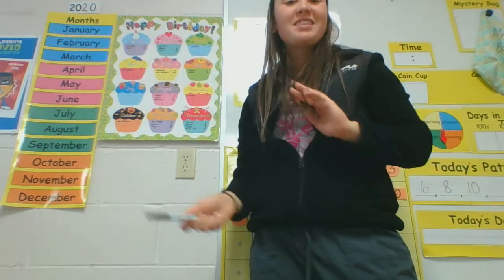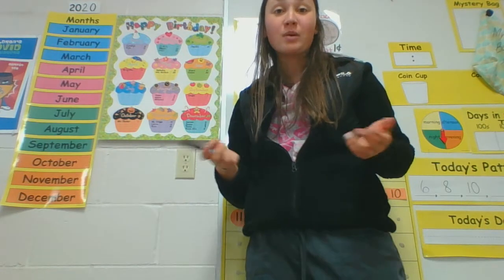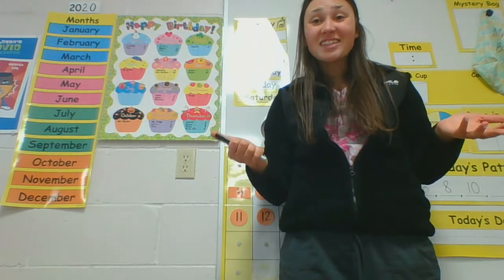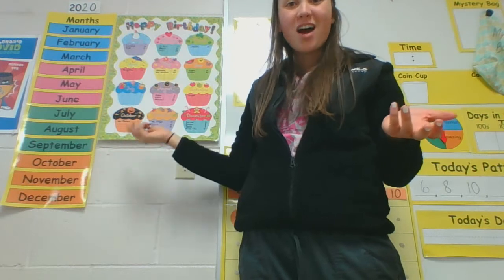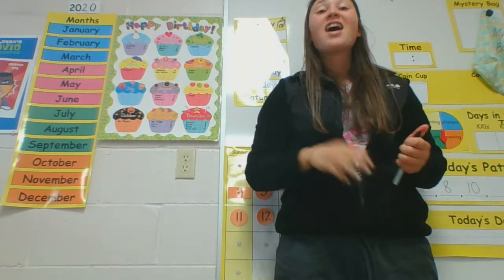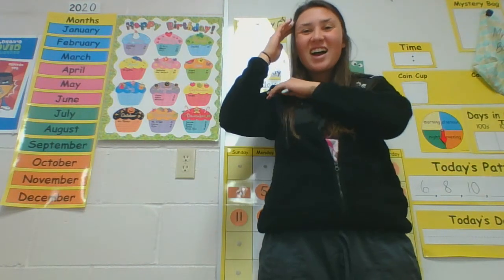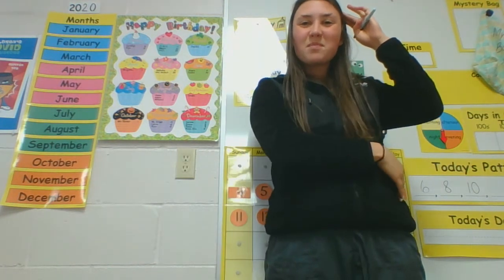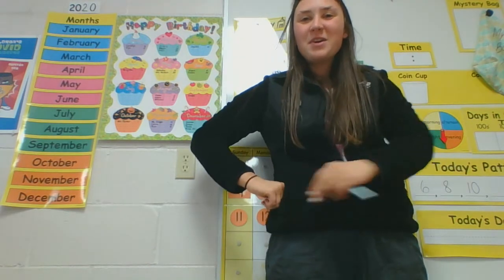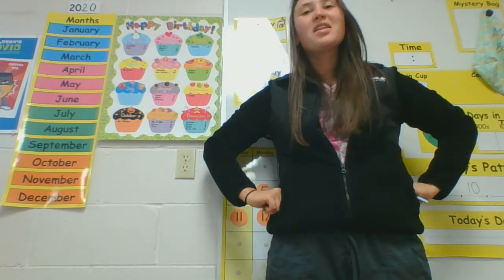And you can stand up on the floor and do the song and the dance with me. That helps us remember our months of the year. Go ahead. January, February, March, April, May, June, July, August, September, October, November, December. Those are the months of the year.